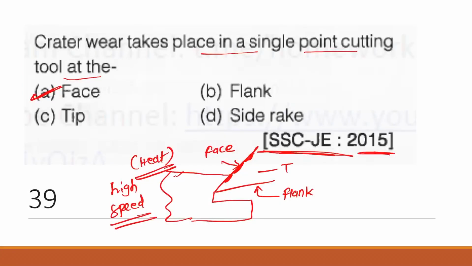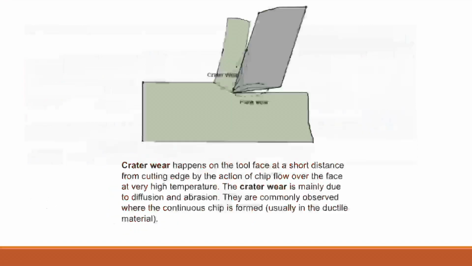Because of heat and high speed of the tool, this kind of wear takes place, and that wear is known as crater wear, and crater wear takes place in a single point cutting tool at the face. Remember this question, very important. So this portion is known as crater wear, and at the flank it is known as flank wear.